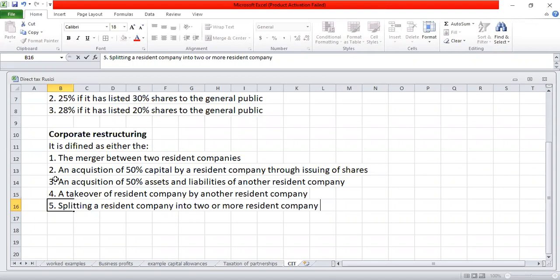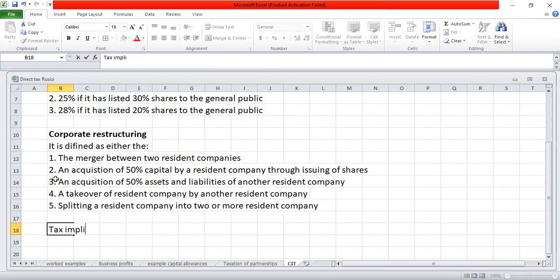Now, of course, an exam question can never tell you that this is a corporate restructuring. But look at how the question is and find out if it is about corporate restructuring. So what is the tax implication?